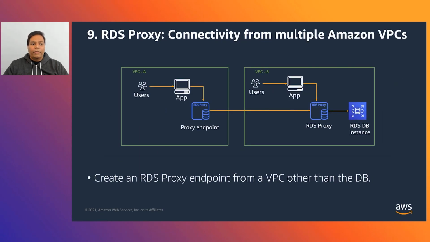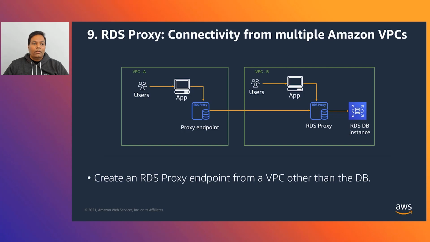Another new capability we added to RDS Proxy this year is the ability to use RDS Proxy from a different VPC than the one where it was initially created. So imagine this scenario as shown on the slide. On the left-hand side, you have an application in VPC A, and your database is in VPC B. Your RDS Proxy is also in VPC B because RDS Proxy creates the primary endpoint in the underlying database VPC.